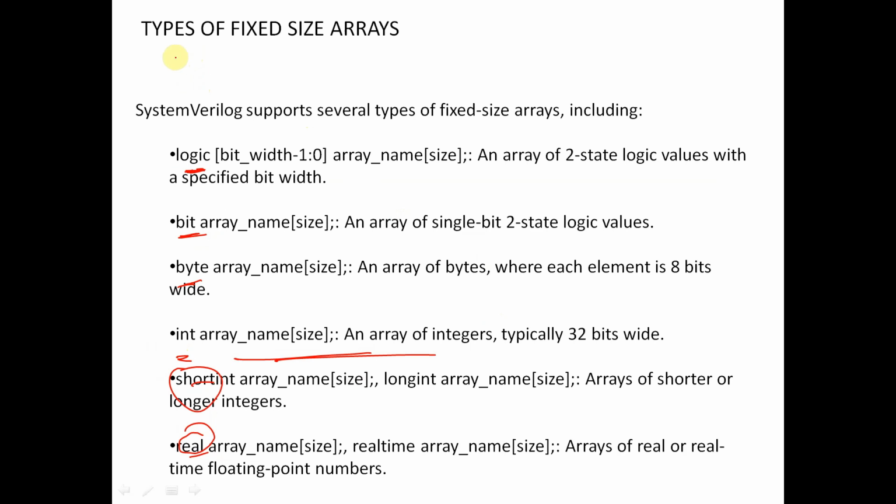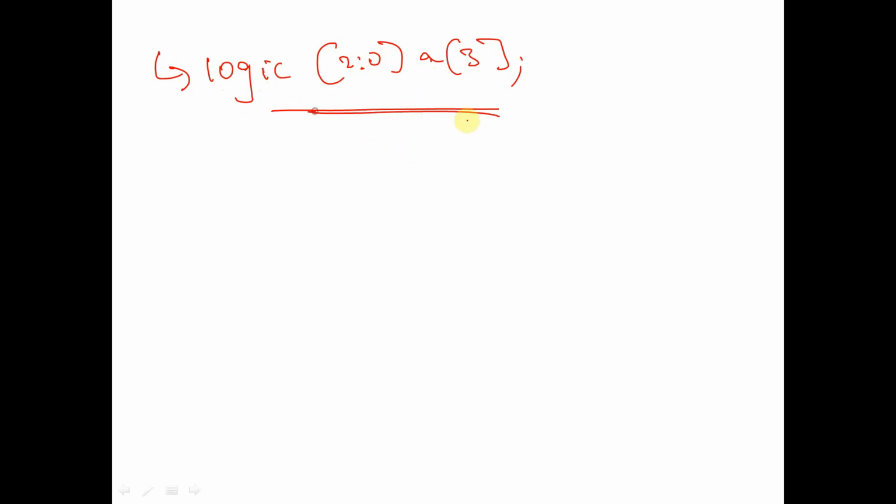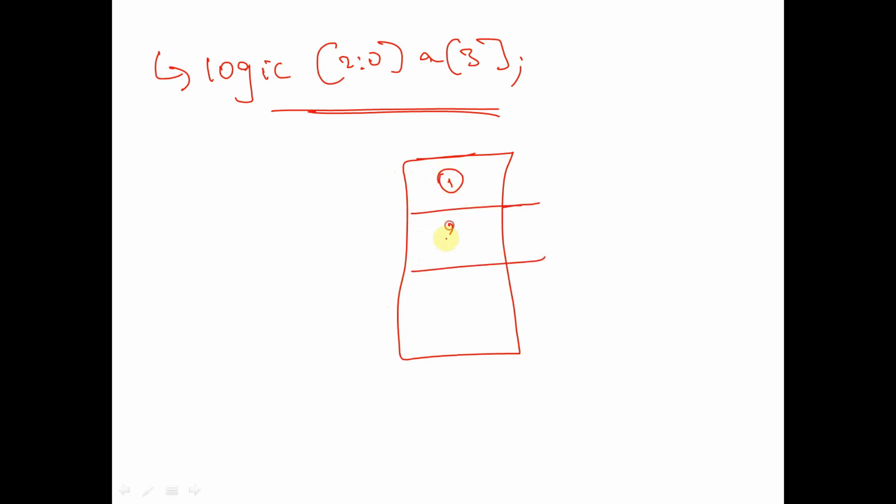And for example, say logic 2 down to 0, a of 3. So can anyone tell what this means? How many locations do we have? So we have 3 locations.